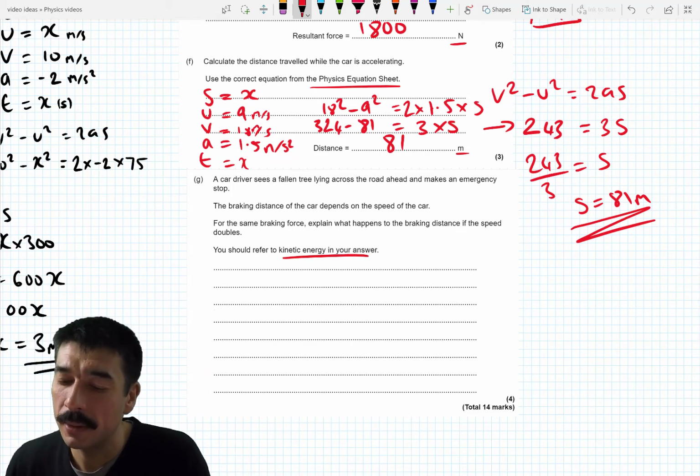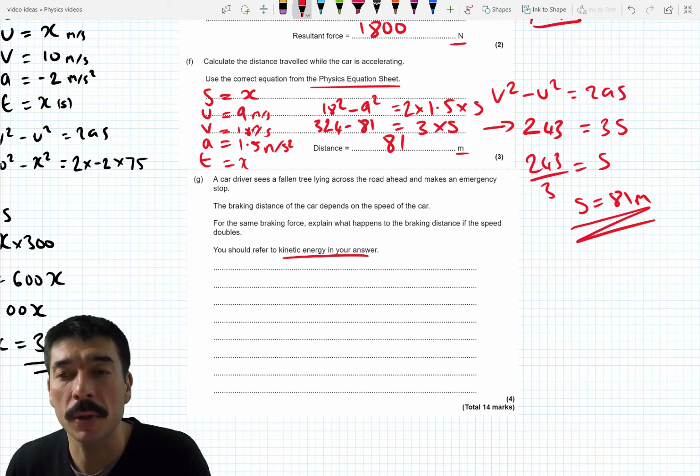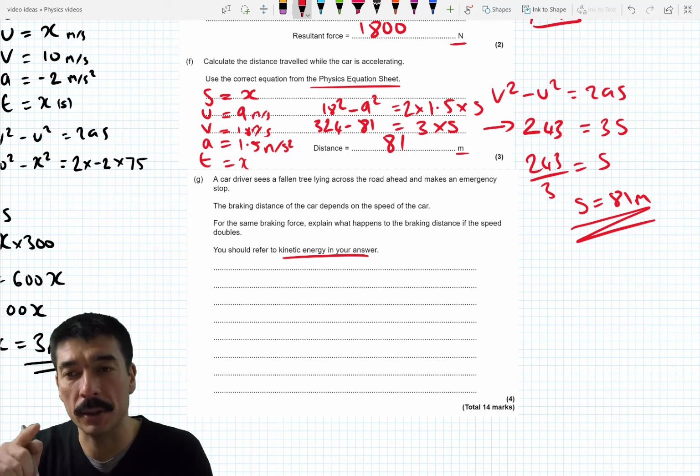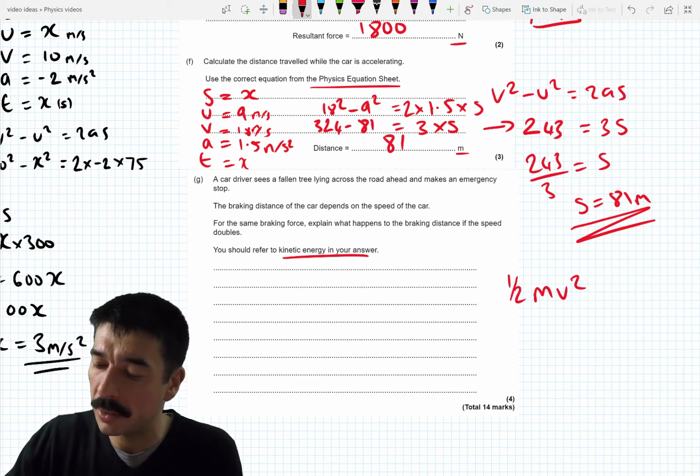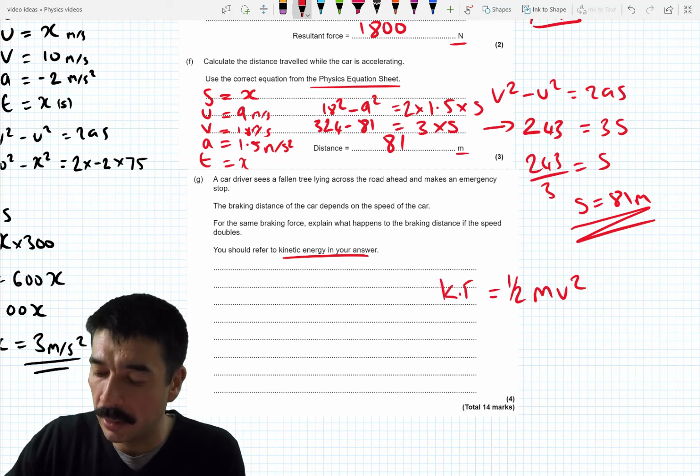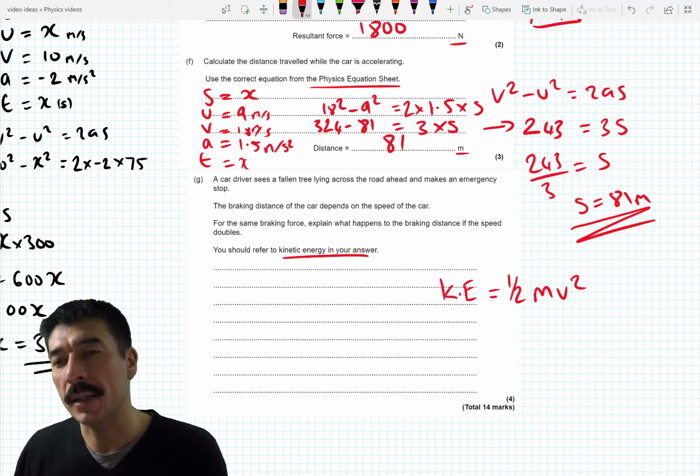Well, you're not given the equation for kinetic energy. I'm pretty sure it's not on your equation sheet, so it's one of those ones you'll have to remember. Not sure about it? You can check my video on it, but I do know that it's half mv squared. That's the kinetic energy. So I'm not going to write out a full answer for this one.